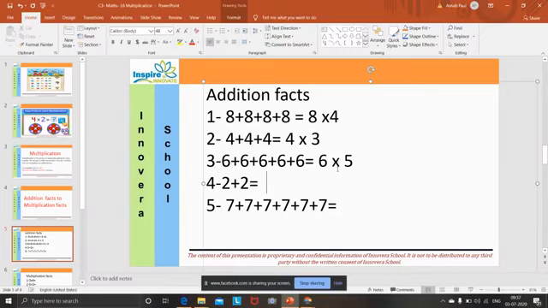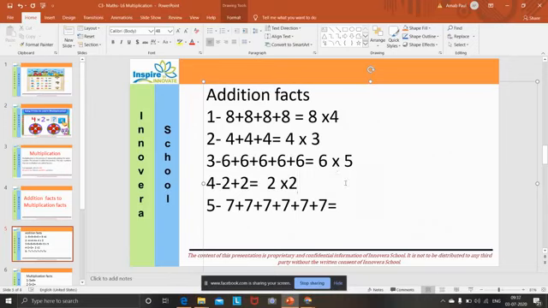So what will we write? 2 multiplied by 2. So 2 plus 2 is 4 and 2 multiplied by 2 is 4.